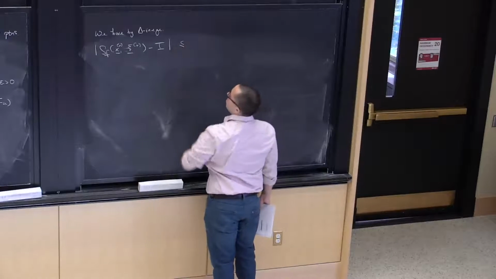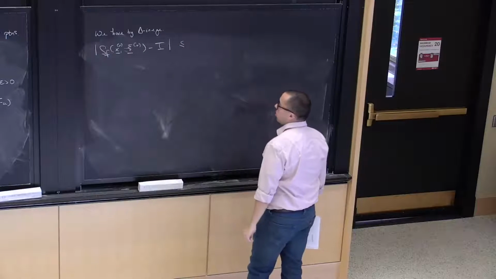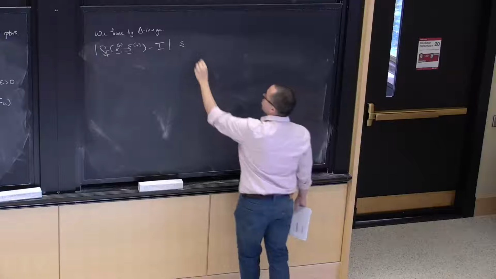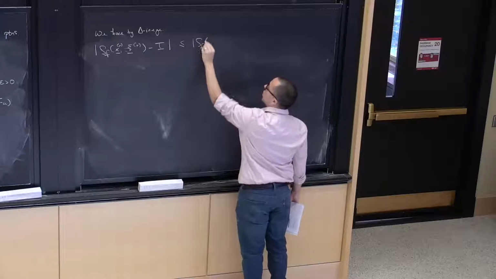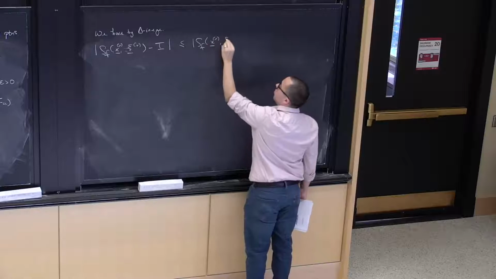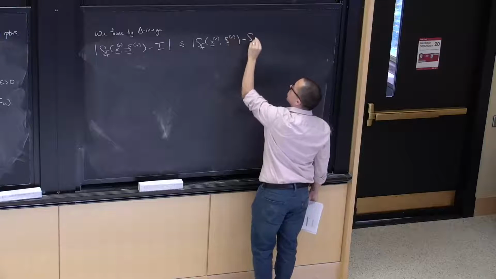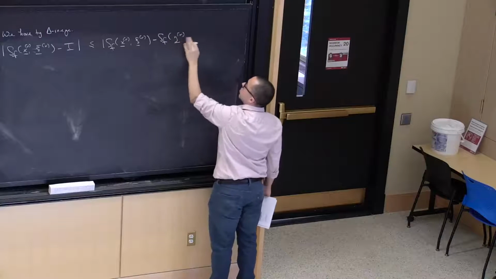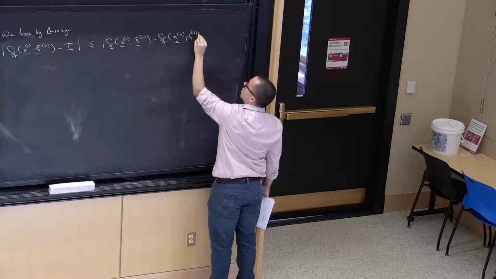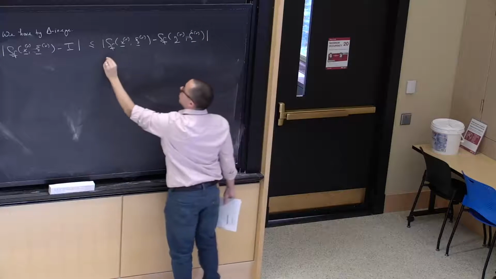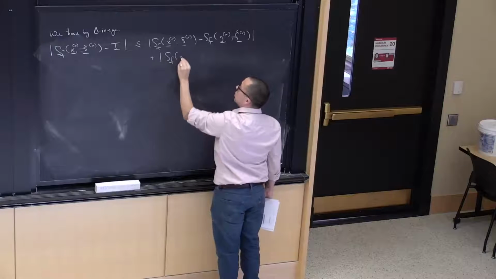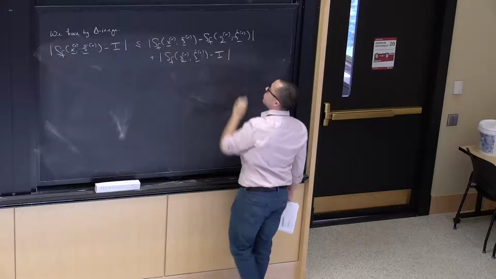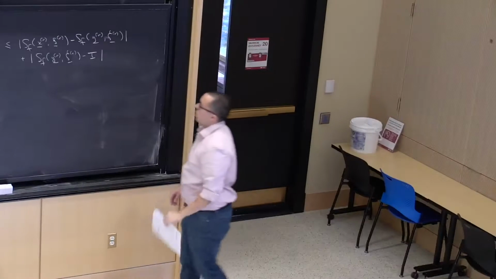So adding and subtracting the Riemann sum associated to the partition y and zetas, this is less than or equal to, by the triangle inequality, the difference of the two Riemann sums, plus the Riemann sum of y sub r minus I. And so I'm almost there.